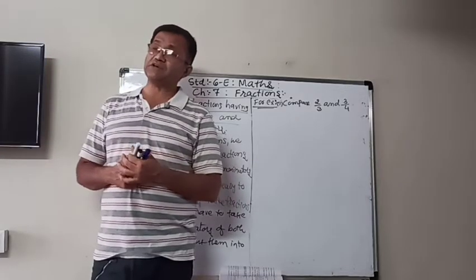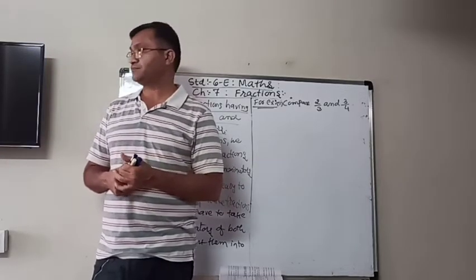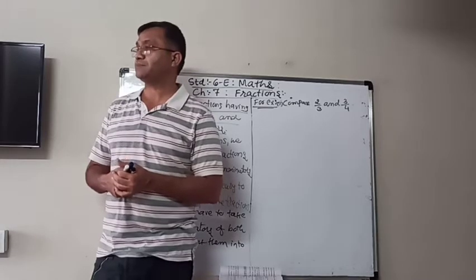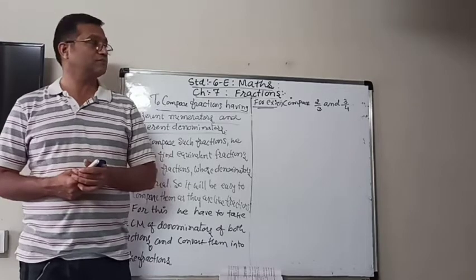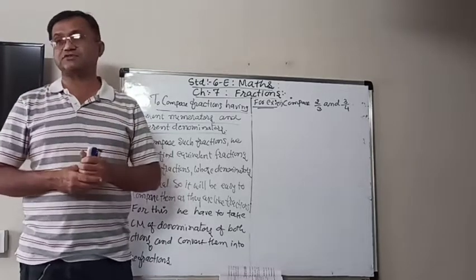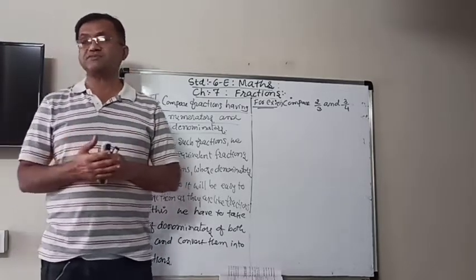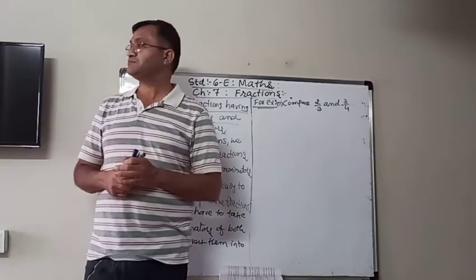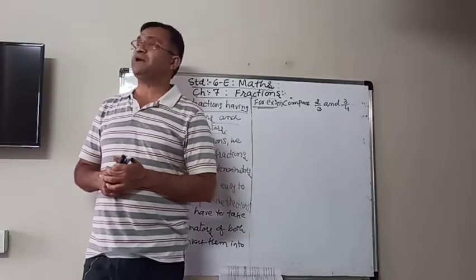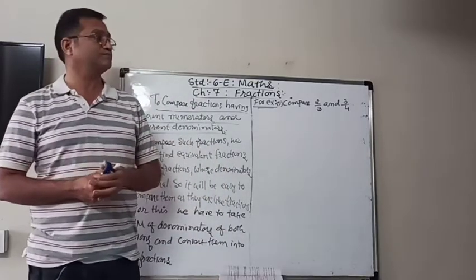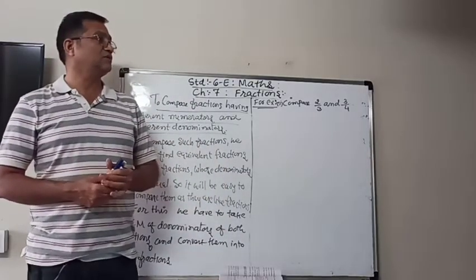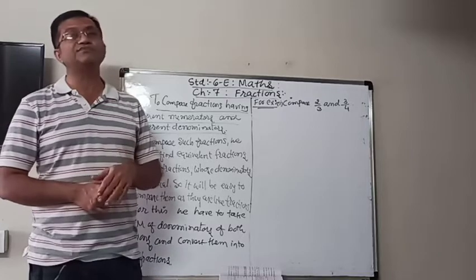We saw that it is very easy to compare the equivalent fractions, I mean the like fractions, because in like fractions the denominators are equal, so we just have to compare the numerators.